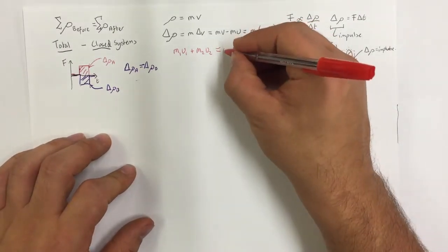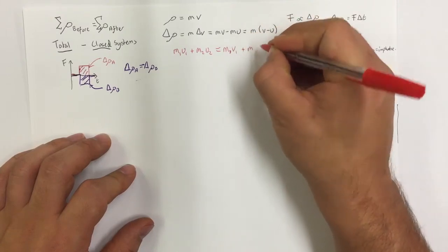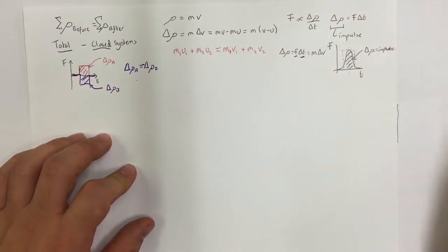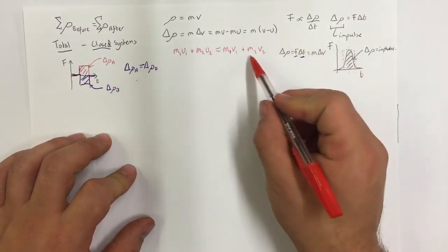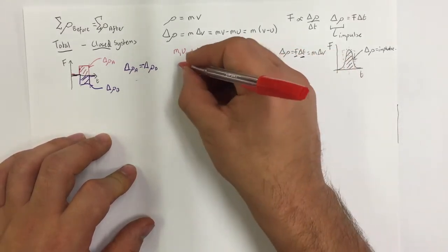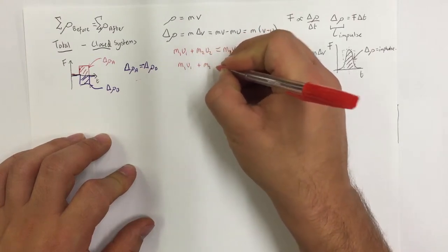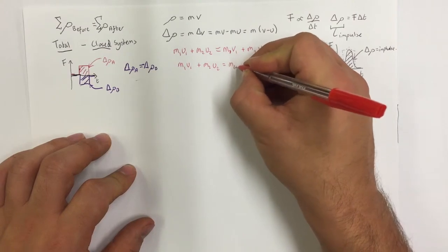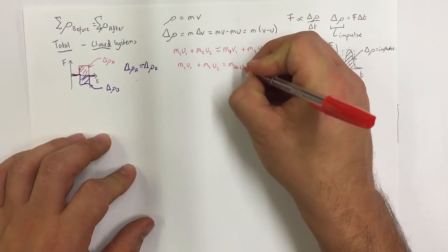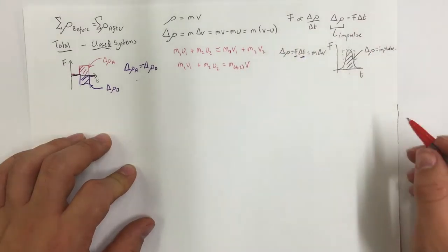So the final momentum will be m1v1 plus m2v2. Now, I can have a situation where instead of the two objects rebounding off each other, they stick together. So in that case, I'm going to have m1u1 plus m2u2 equal to m1 plus m2, so those two masses added together, times v, which is the final speed.